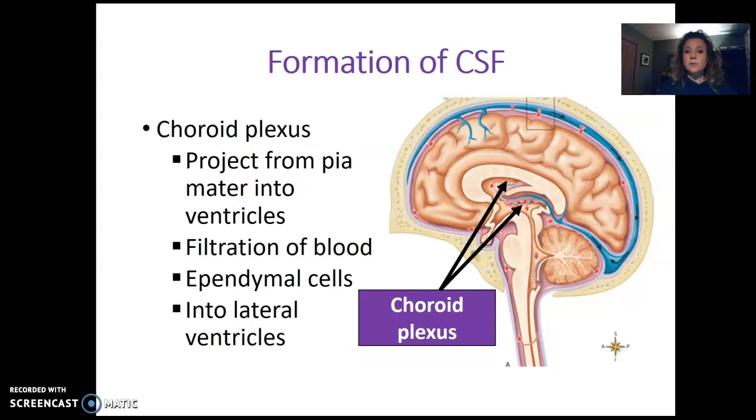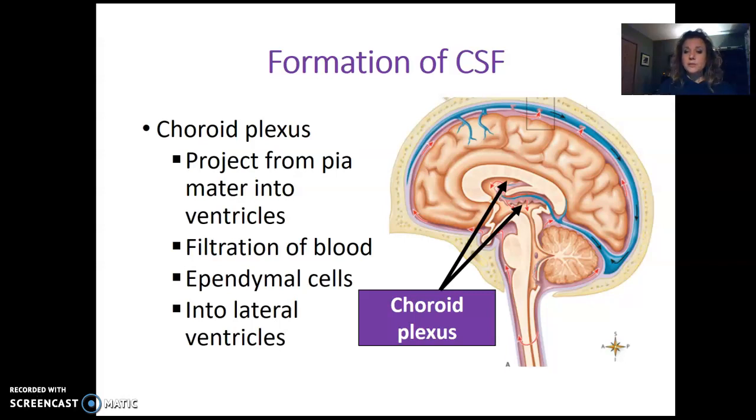The formation of cerebrospinal fluid takes place in the choroid plexus. The choroid plexus is a collection of capillaries that is found inside of the ventricles themselves. These capillaries are projecting from the pia mater into the ventricles, because remember that the pia mater is going to support small capillaries.